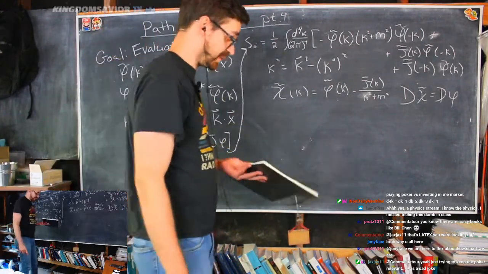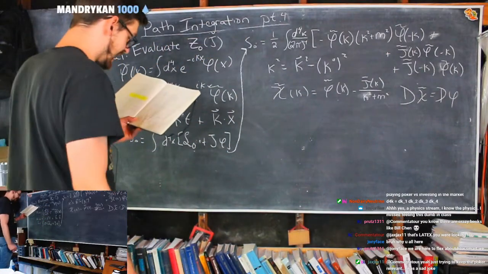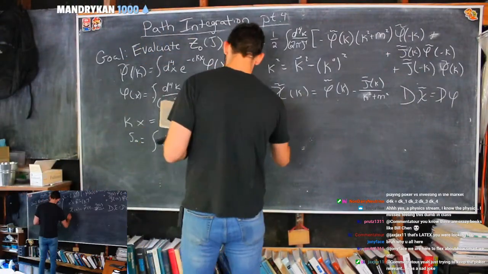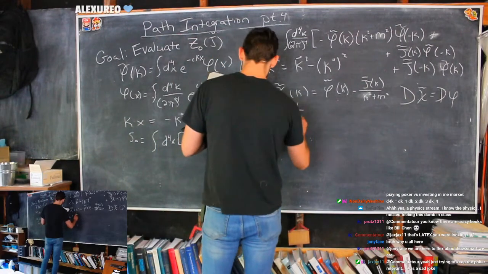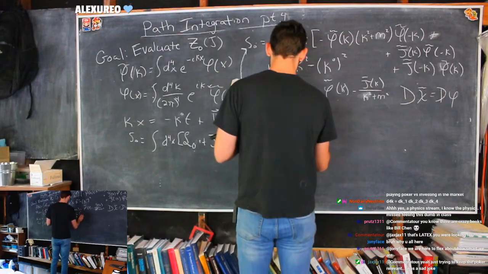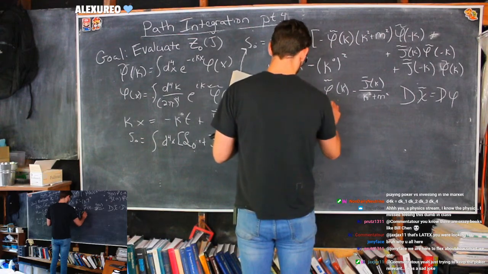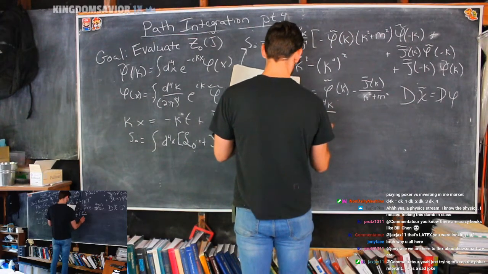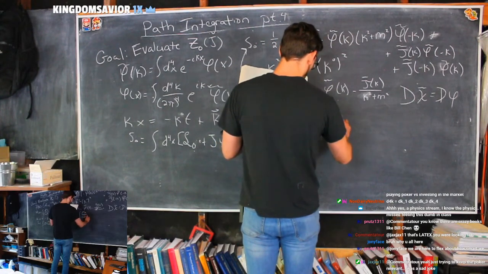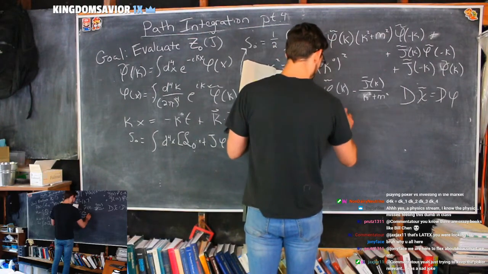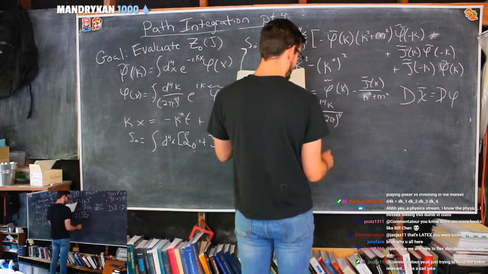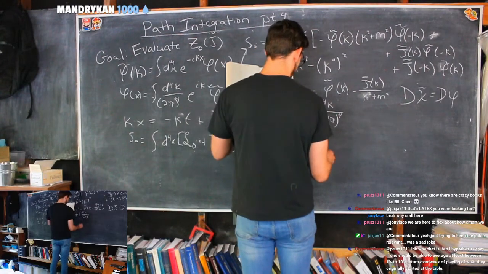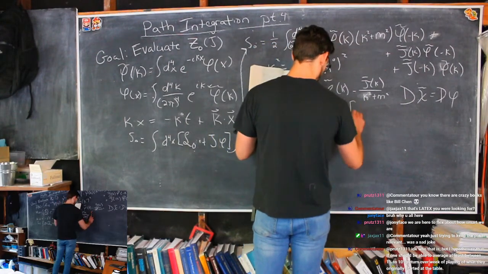Once we make this u substitution, the action takes on the following shape. Now this is the second time that we're seeing this. So if anybody's struggling to follow some of these steps, I highly suggest you go back and watch last week's video, Path Integration Part 3, where we do these steps for a simpler case. This one's a little bit more complicated, but the steps are in fact the same.